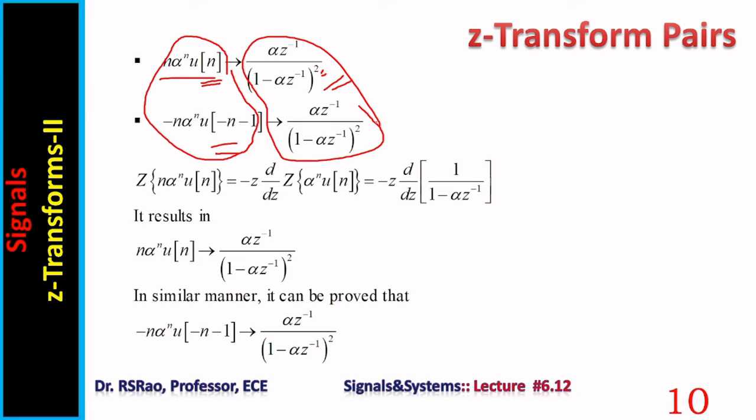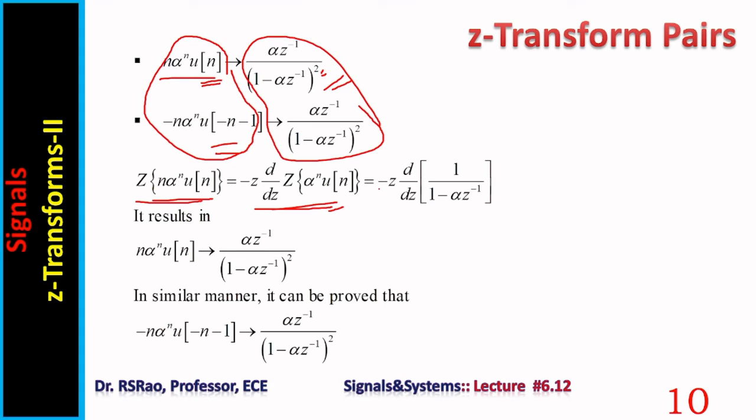To know the validity of these two transform pairs, let us consider the first sequence n alpha power n u of n. Apply z transform. It is equal to minus z d by dz of the z transform of alpha power n u of n. This equality has come from the z domain differentiation property.